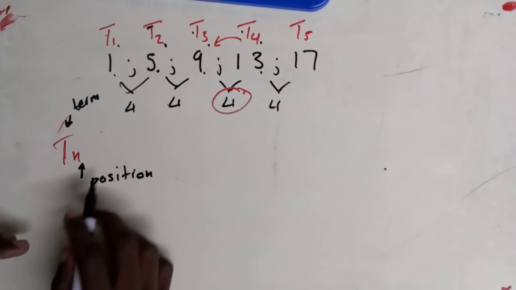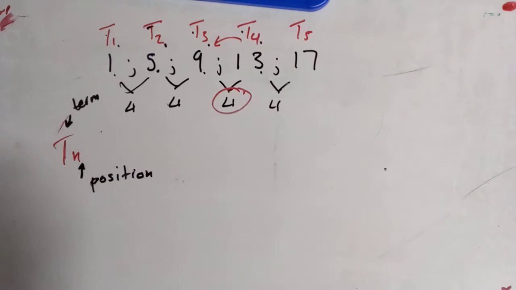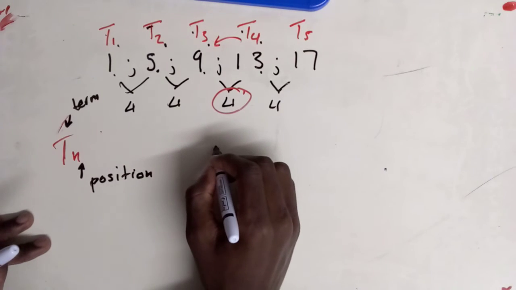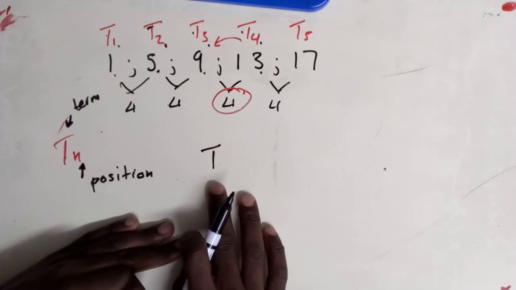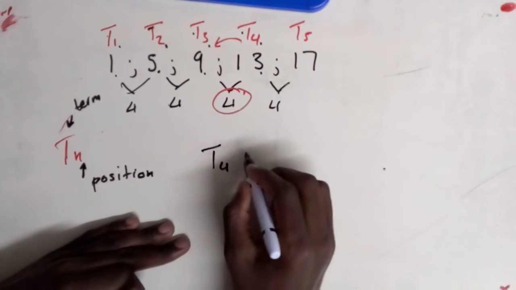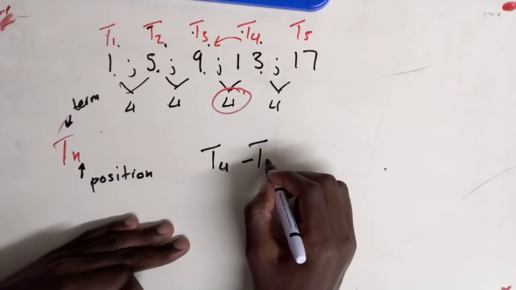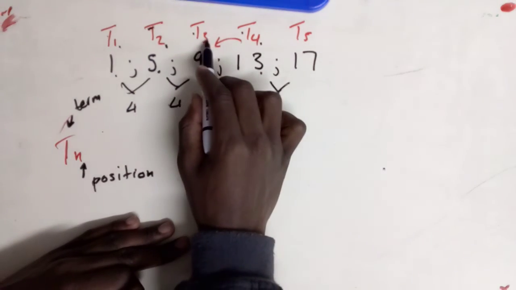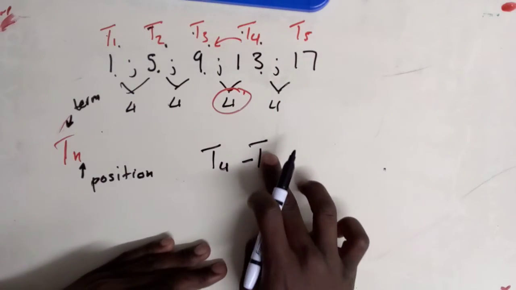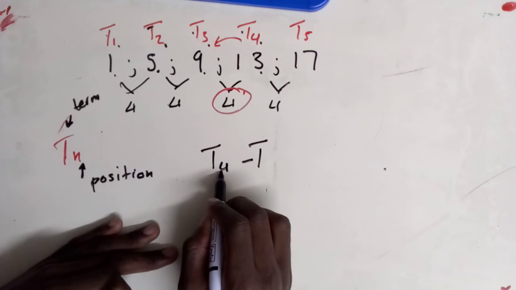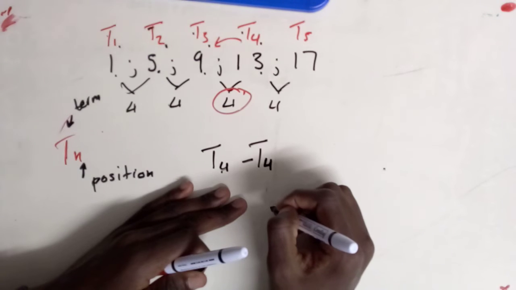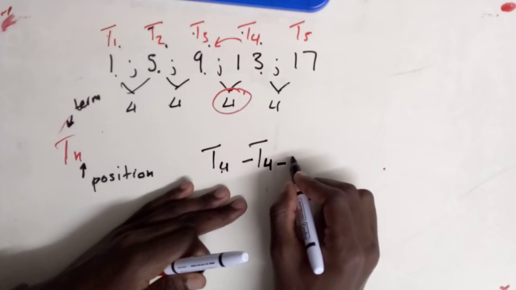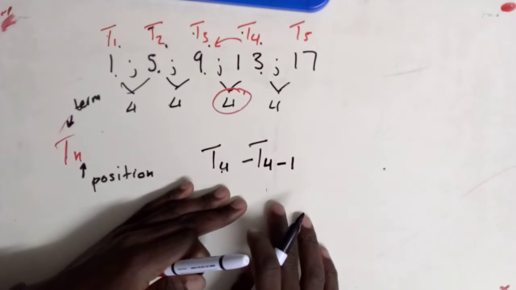Now, finding the common difference, we said we take a term, for example T4, and we subtract T3, the previous one. But now we say that we take a term and subtract its previous term, and we can get a previous term by subtracting 1.